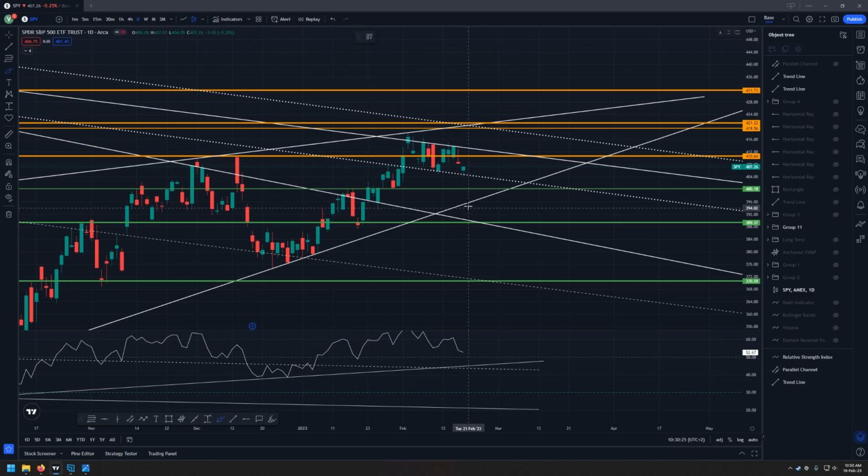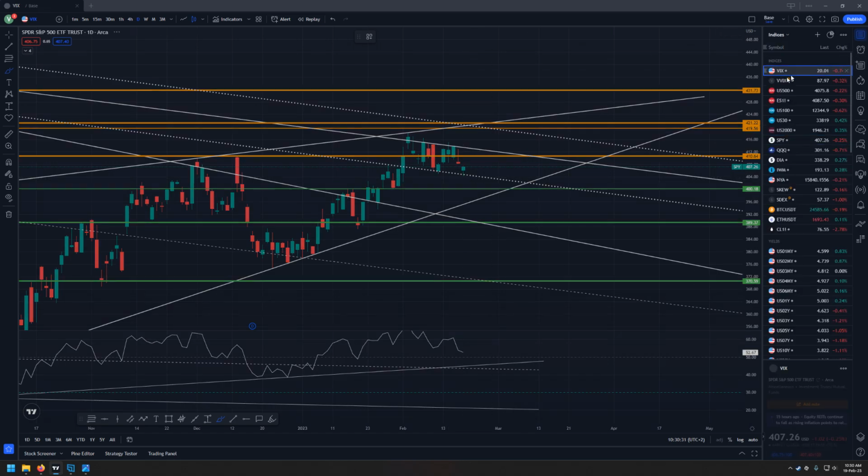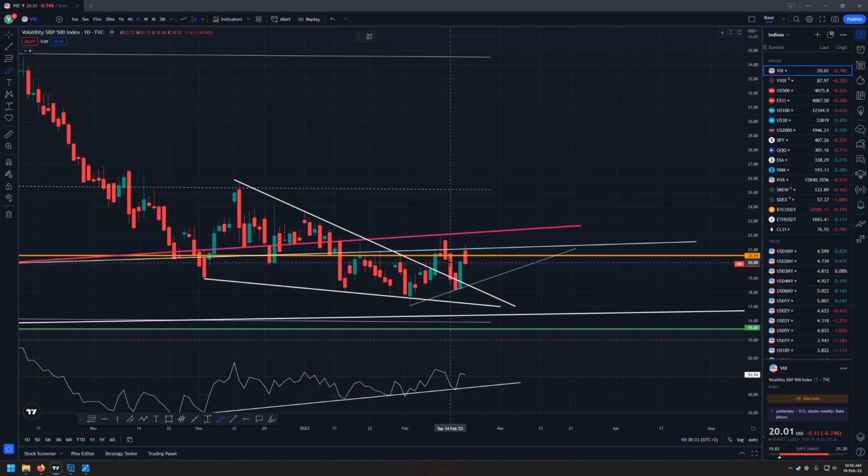So because of the expected pullback in yields and dollar, and because VIX hasn't really done the move I wanted. Like on CPI day, we still got the VIX crush. We were at -8 at some point, and it's not really what I wanted to see.